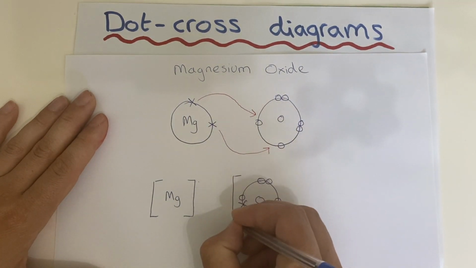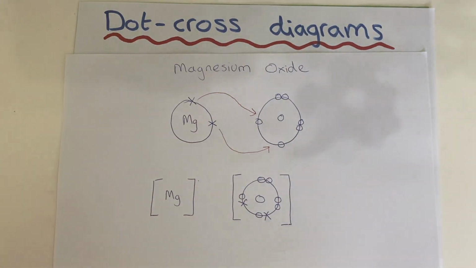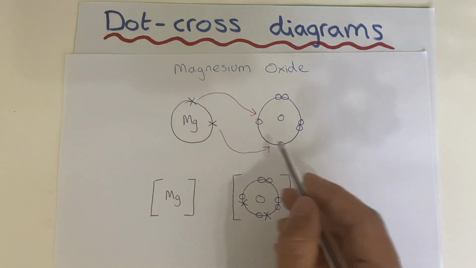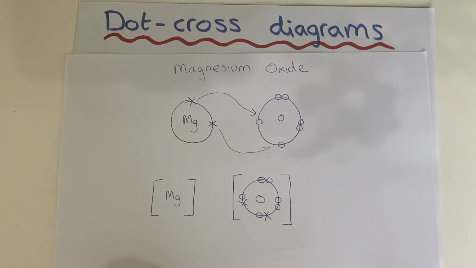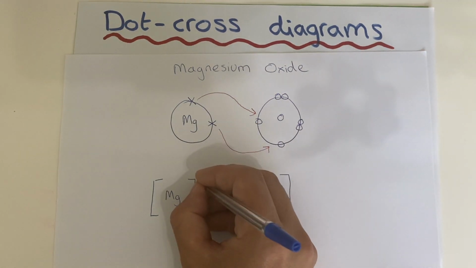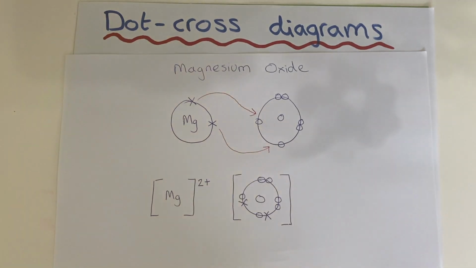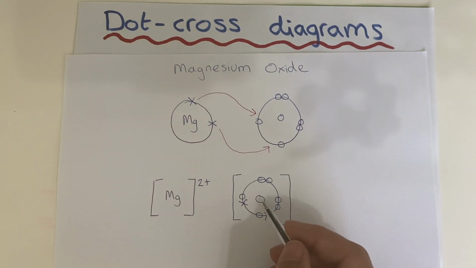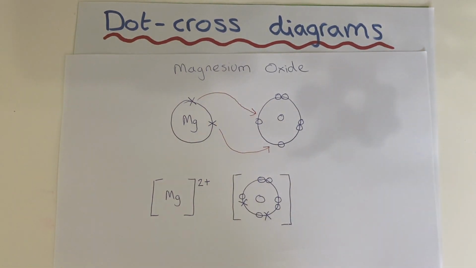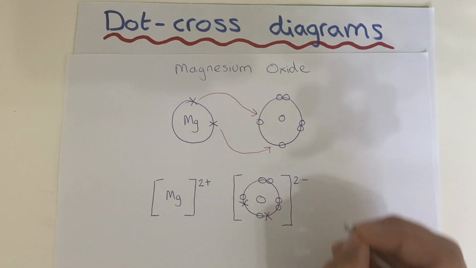Put that in square brackets. Now, because magnesium has lost 2 negative charges, it's going to have more protons than electrons, and it will be a charge of 2+. Because the oxygen has gained 2 electrons, the oxide has gained 2 negative charges, so it will have a charge of 2-.